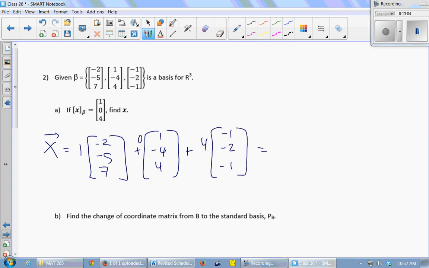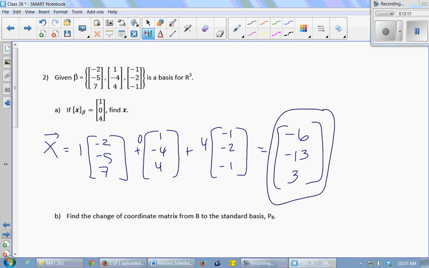So you get -6, -13, 3. So that was my original x. The coordinates of this x with respect to the basis beta are 1, 0, 4.